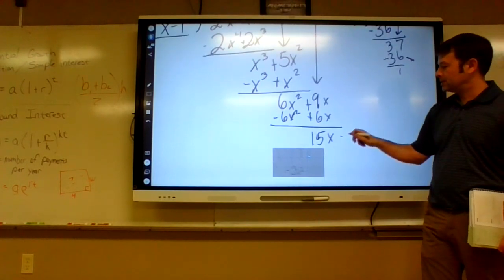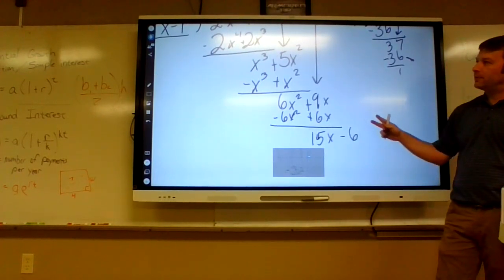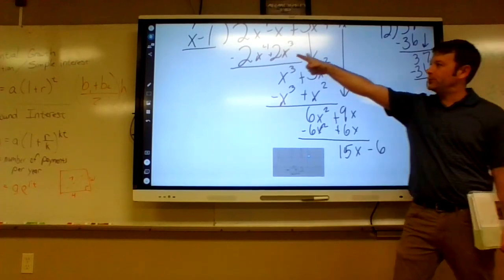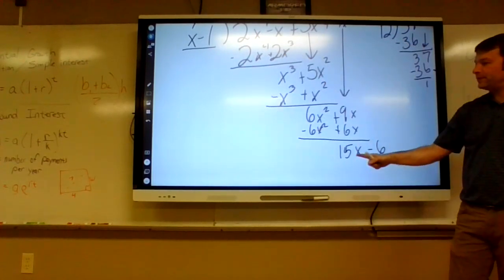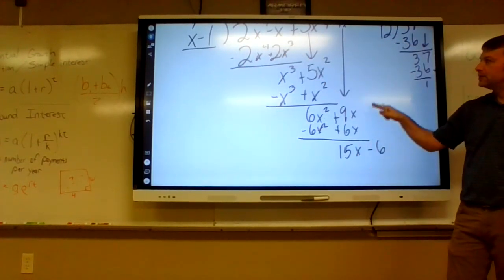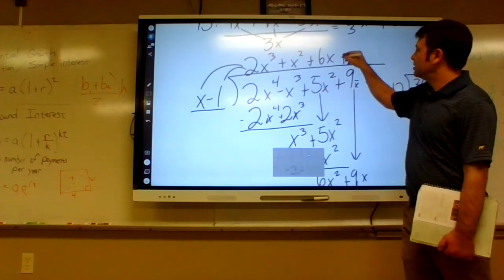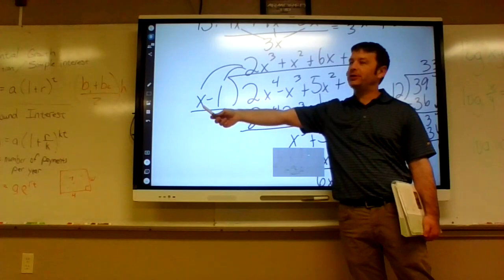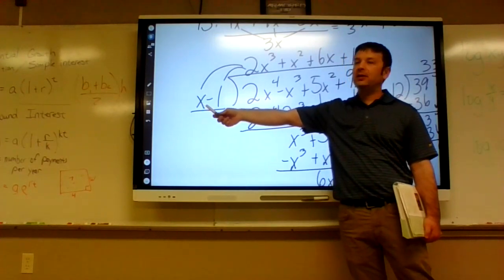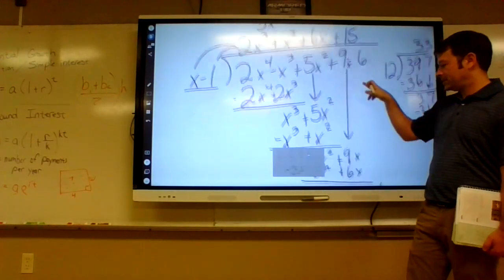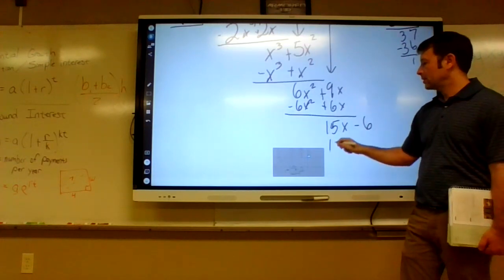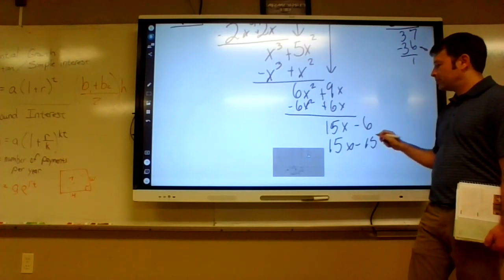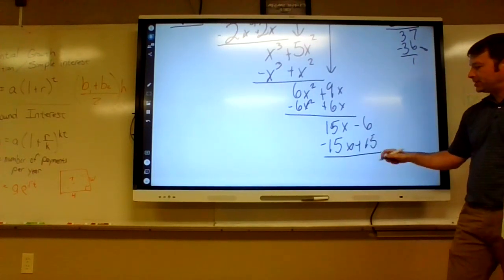Minus 6, and start over for the last time. So x times what equals 15x? 15. So what's 15 times x minus 1? 15x minus 15. But we're subtracting this line, so that needs to become a plus.